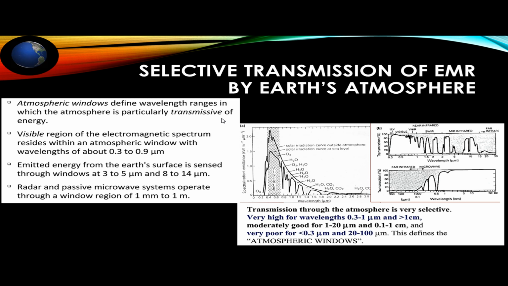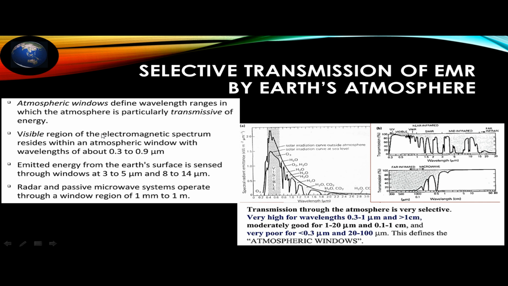What is happening is that some aerosol particles, ozone, and water vapor do not allow the reflected light to come back to the sensor, or it gets scattered in the atmosphere. That's why we have an atmospheric window where we are able to detect the reflected radiation.